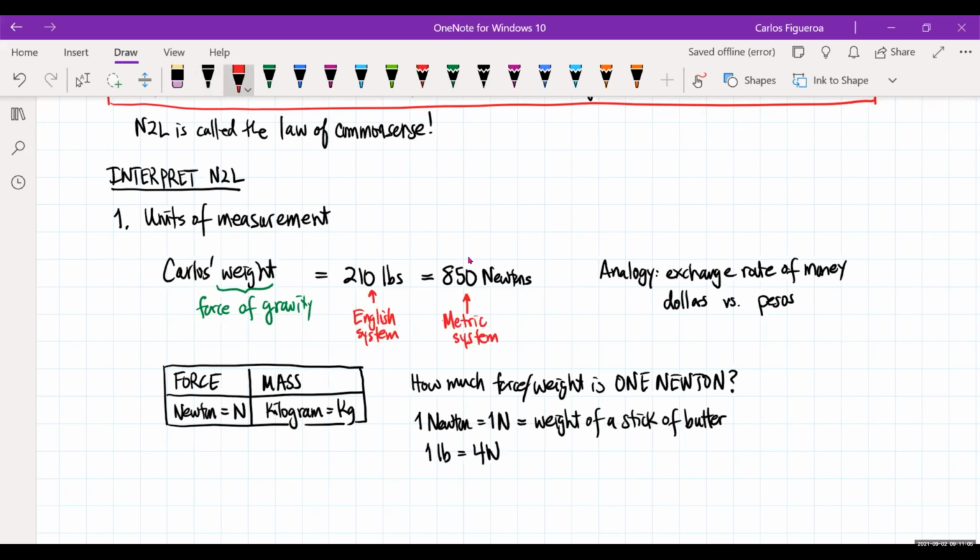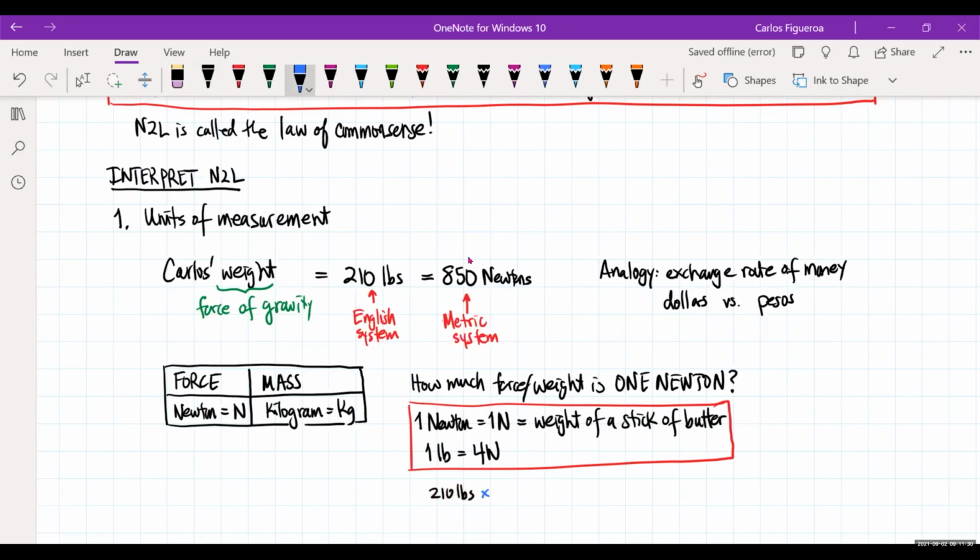So these are the things that I'm going to use to try to get you to get a sense of what is going on. If you look at my weight, I weigh 210 pounds. What would I do if I wanted to convert it into newtons?